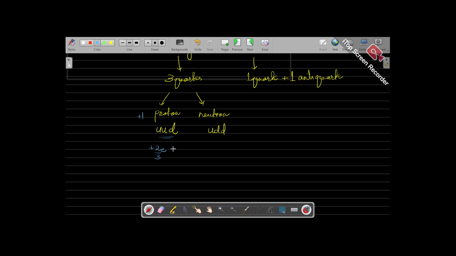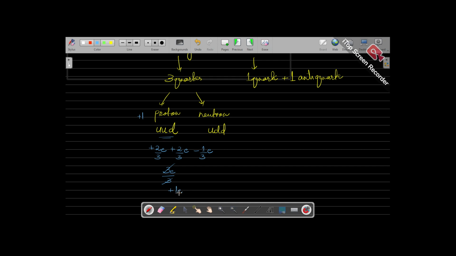So +2/3e for another up, and for a down it is -1/3e, right? As per the table we had seen. Let's just add them. This becomes 4e minus 1e, which becomes 3e, with the 3 in the denominator as well. And this gives us +1e, which is nothing but the charge on proton.